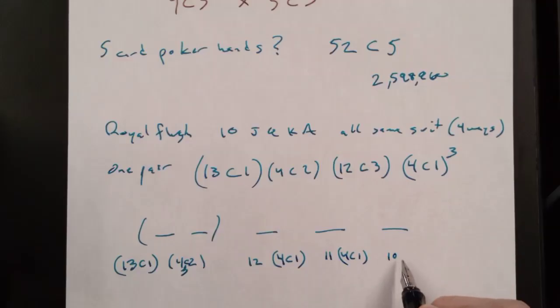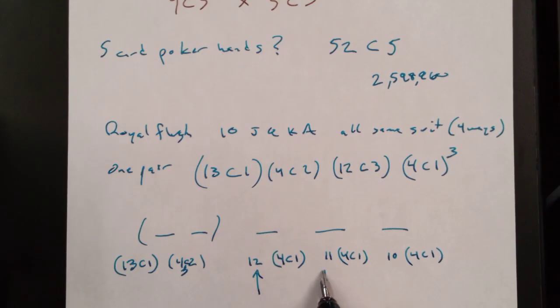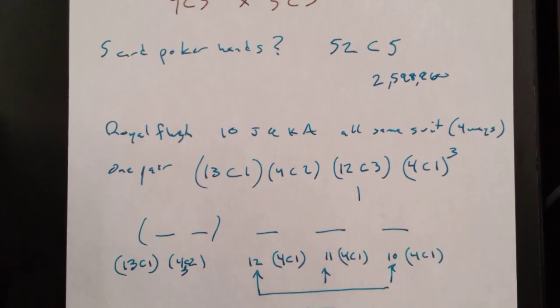And here there were 10 options, and you got 4C1. But it doesn't matter what order those appear in, does it? So I need to divide by 3 factorial, because there are 3 items here, and I can put them in any order I want. Well, 12 times 11 times 10 over 3 times 2 times 1, that's 12C3. That's where I got that from.